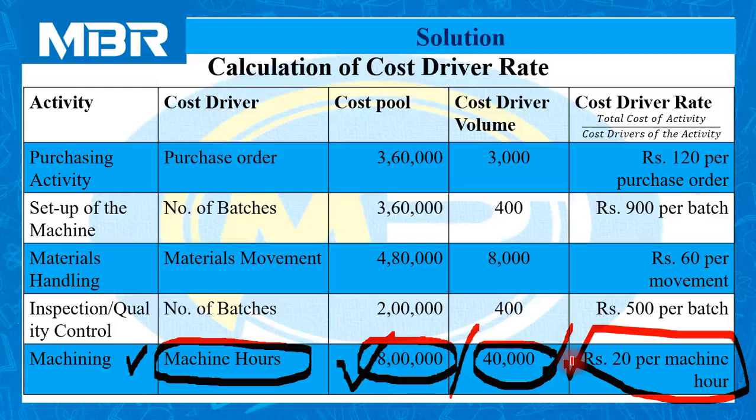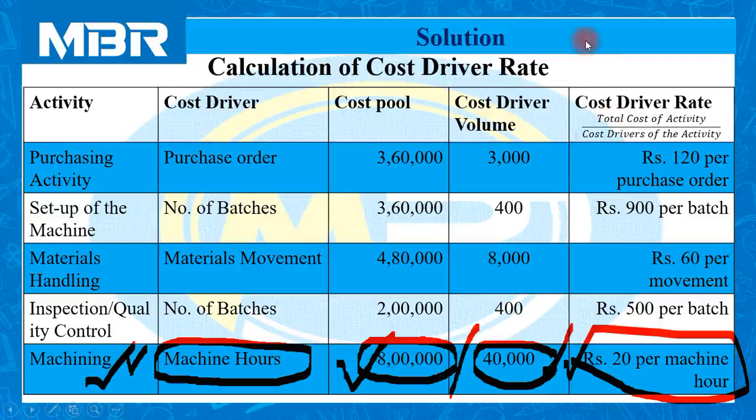It means we have to transfer, allocate, charge, appropriate, absorb, recover. There are many words used for distribution in costing. We are supposed to transfer or allocate machining-related expenses at the rate of rupees 20 per machine hour on the concerned job or task. In this way we can calculate the cost driver rate for all the activities given in our question.